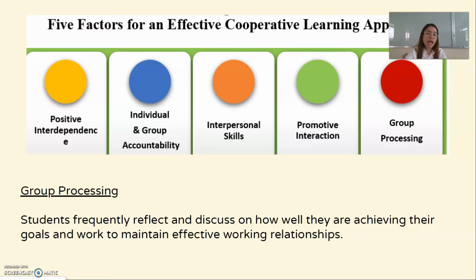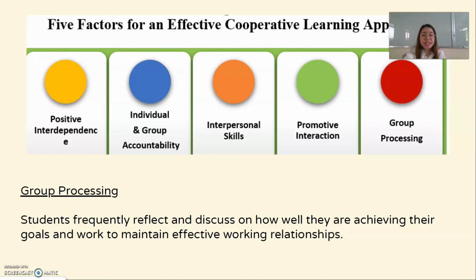But there is no time for group processing. What should our students do in the group processing? The students should reflect and discuss with their group mates. The teacher should allow the students to process as a group. The teacher should ask questions to the learners, to the groups.